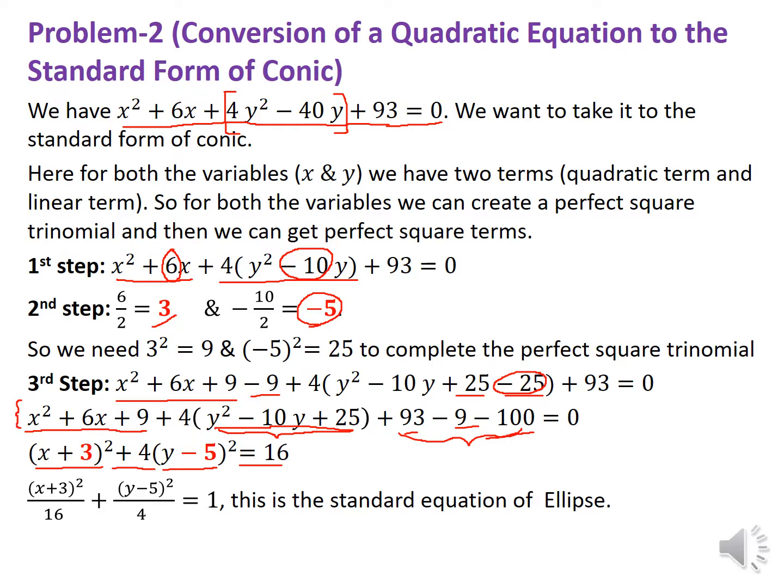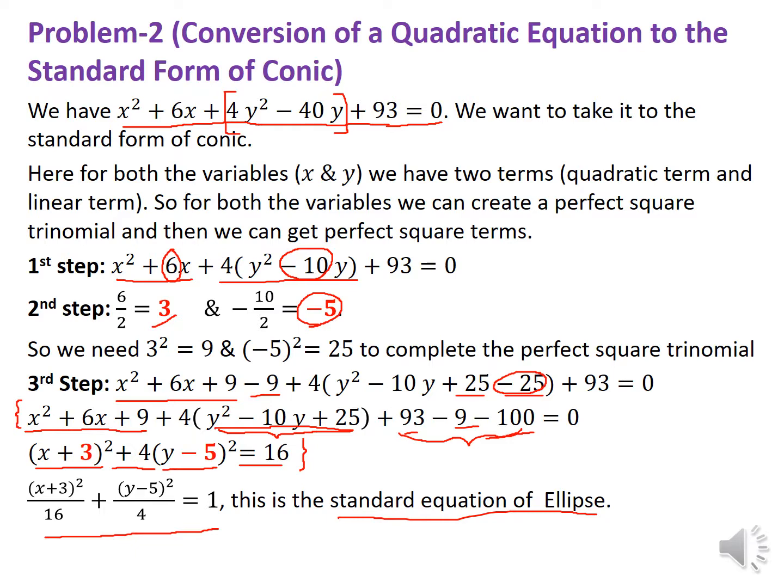Now we will divide this equation by 16 and we will get x plus 3 whole square by 16 plus y minus 5 whole square by 4 is equal to 1. And this is the standard equation of an ellipse. So in this way we can convert a quadratic equation to the standard equation of an ellipse.